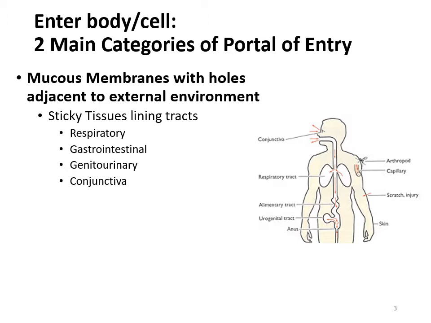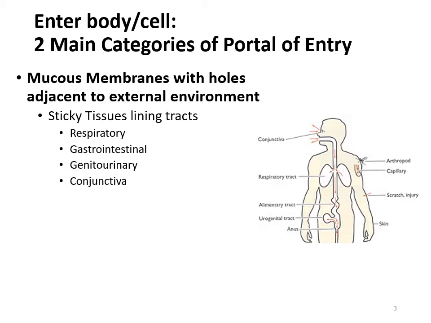Which of these tracts is going to be the most common and most problematic portal of entry? That would be the respiratory tract, because you always have to breathe all day, every day. The gastrointestinal tract will be the second most problematic because you always have to eat or drink, but at least it's not every second of the day, the way breathing is.